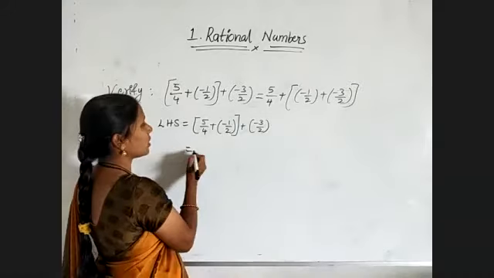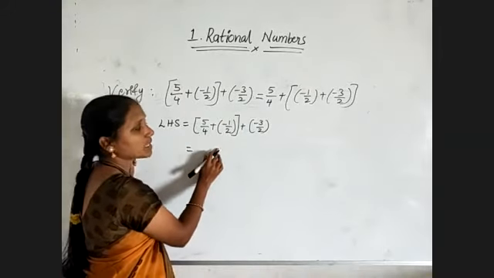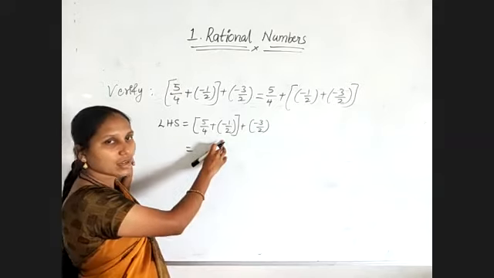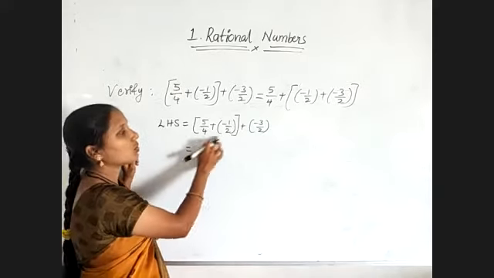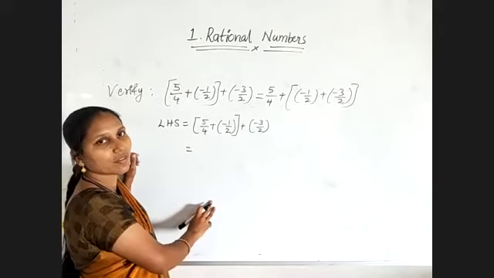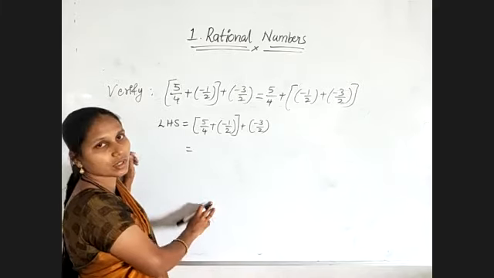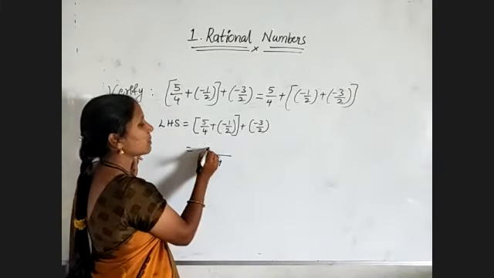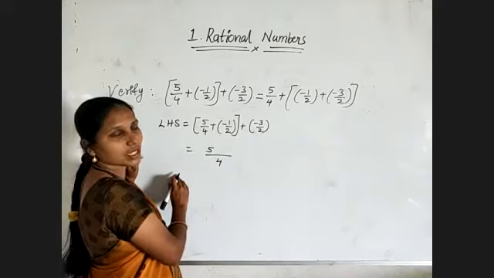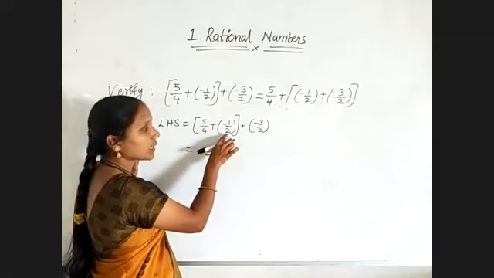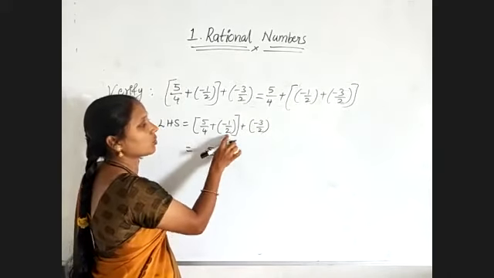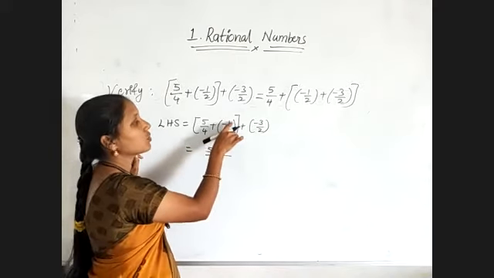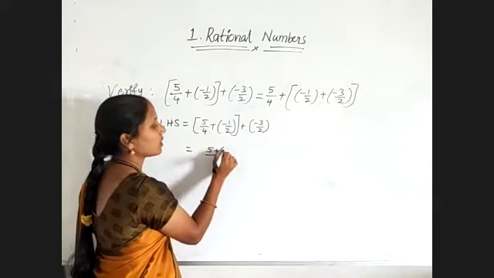So which is equal to 5 by 4 plus of minus 1 by 2. Here you can go through with LCM, otherwise cross multiplication. 2 and 4 are very simple numbers. So what will be the LCM of 2 and 4? Yes, 4 itself. The first number has the denominator 4, so there is no need to write anything. The second number has the denominator 2. In the 2 table, when we get 4, 2 2s are 4. So 2 into 1, 2.